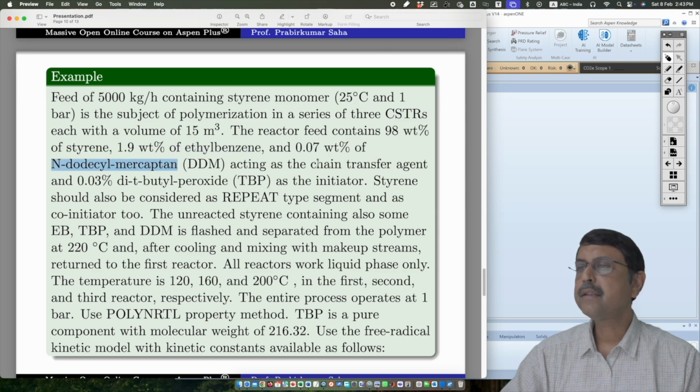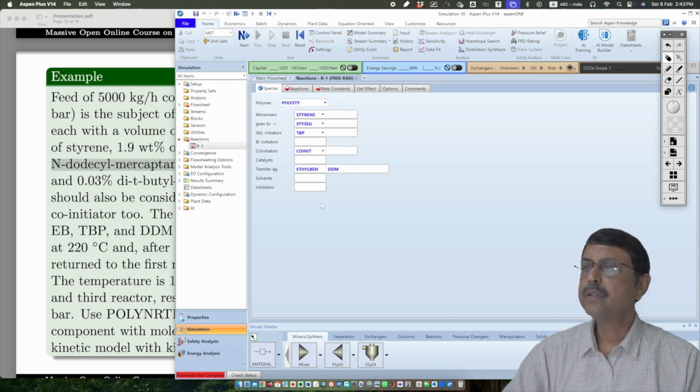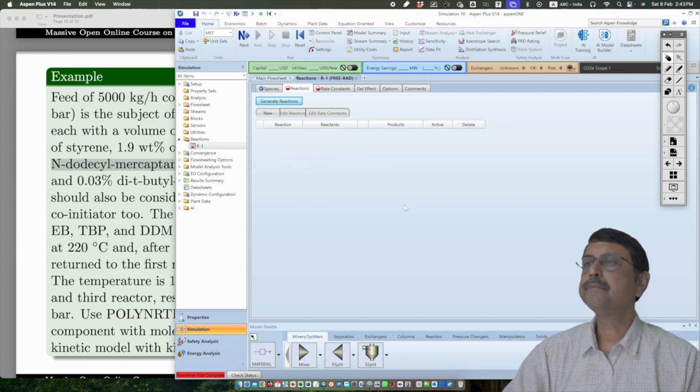So these are the chain transfer agents. So we have ethyl benzene and DDM. Okay. So these are the transferring agents that we have. We don't have any solvent. We don't have any inhibitor. So these are blank.